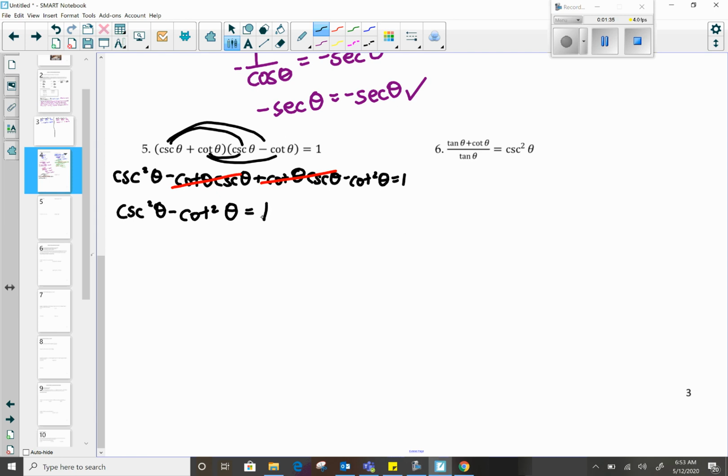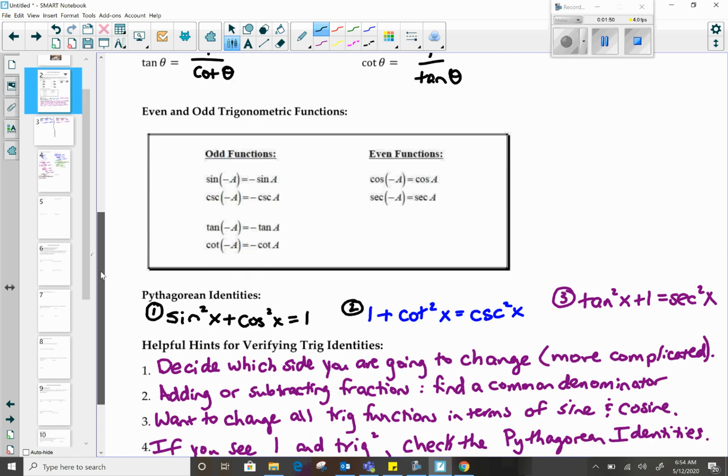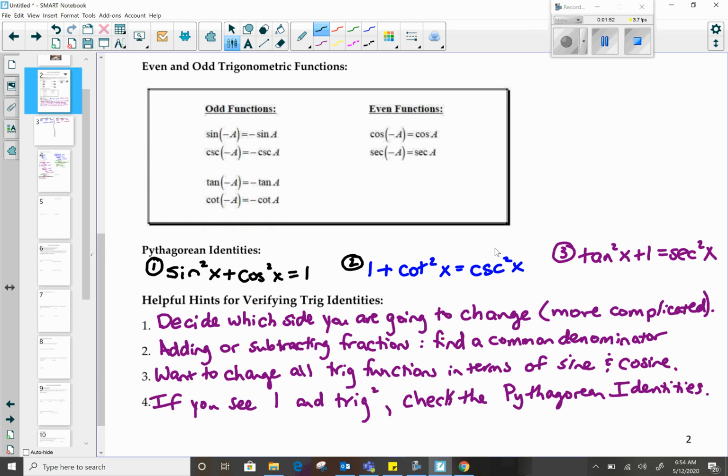Okay, now remember, if you see something that is a trig function that's squared with a 1, we're going to go to our Pythagorean identities. So we have cosecant squared and cotangent squared. Let's see. Ooh, look at this, number 2. Cosecant squared is equal to 1 plus cotangent squared.